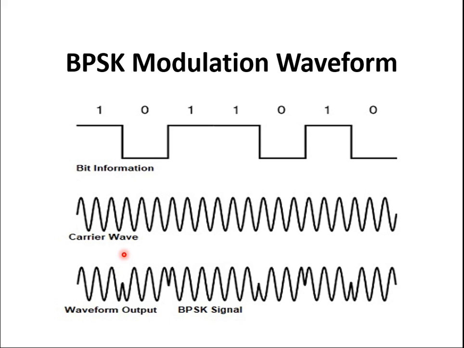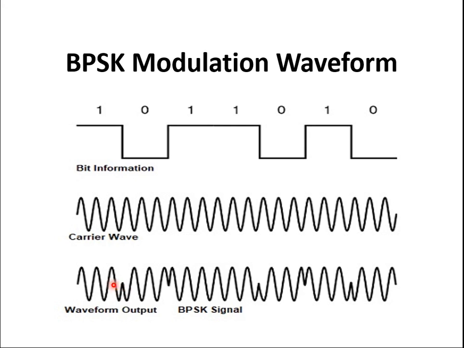For two possibilities out of the available 360 degrees, 360 divided by 2 gives me a 180-degree phase shift. Why divide by 2? Because it is binary PSK, meaning two possibilities, two different signals, logic 0 and logic 1, which I would like to represent using the BPSK modulation scheme. So 360 divided by 2 gives me 180 degrees.